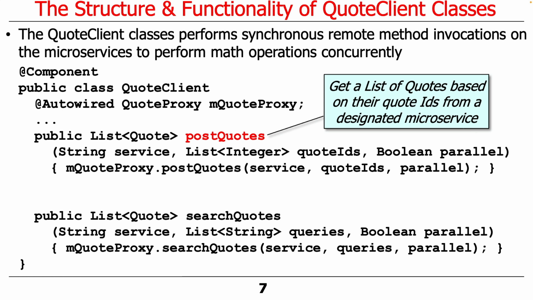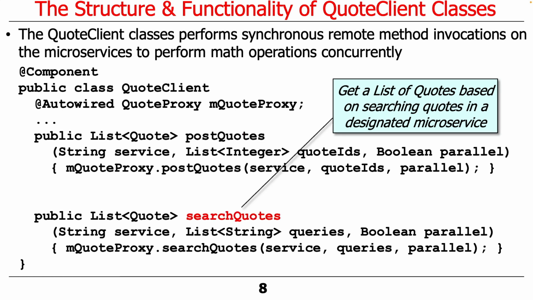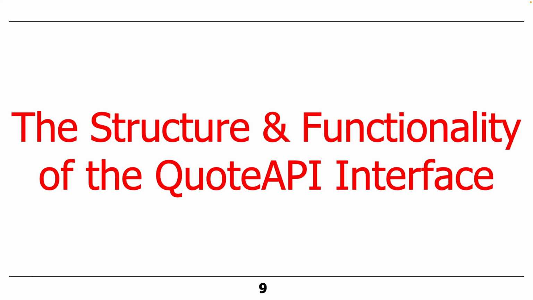We have post quotes, which gets the list of quotes based on the quote IDs. And then we have search quotes, which searches for anything that happens to match in the queries against the quotes in either Zippy or Handy. So that's what QuoteClient does.